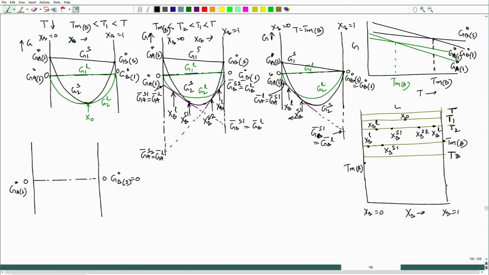And here liquid will move up, G naught B of solid or liquid, but here still we have this point to be closer to GA naught liquid, GA naught solid. So now liquid line would be this one, G1 liquid, and solid G1 would be this one.